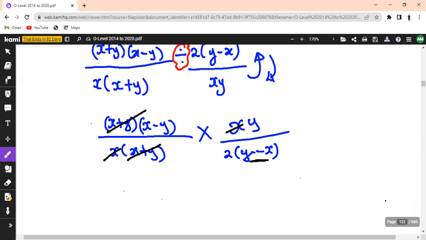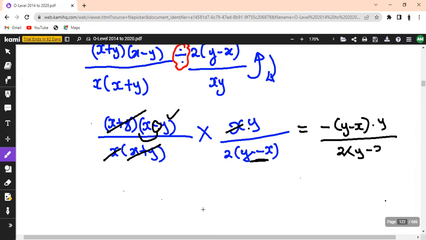So remember, guys, I told you, for you to cancel this, you are going to introduce a negative. The moment you factor out a negative here, these two brackets will be the same. This will be y minus x, multiplied by this y that is here, everything over the part in the denominator, 2 into y minus x.